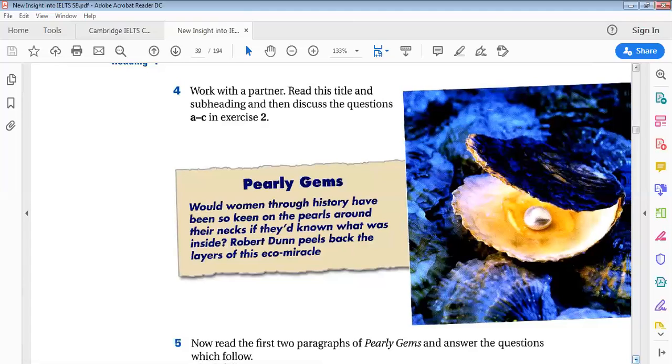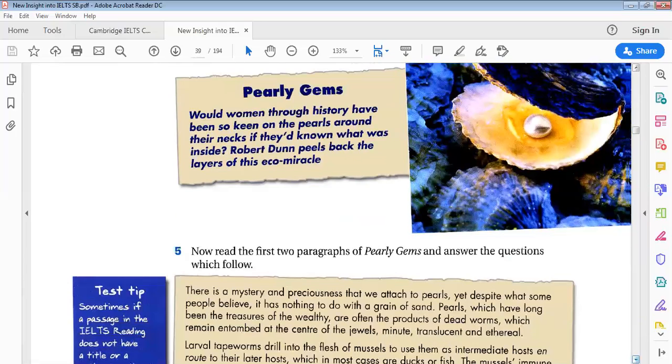So what will the article be about? What is the topic? The topic is pearly gems, and it's about the living things inside the shell, and apart from the pearl, inside the shell there is a living organism. And then, what kind of person would be interested in this article?